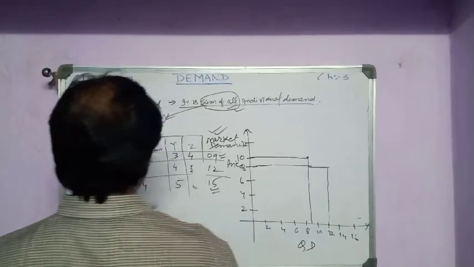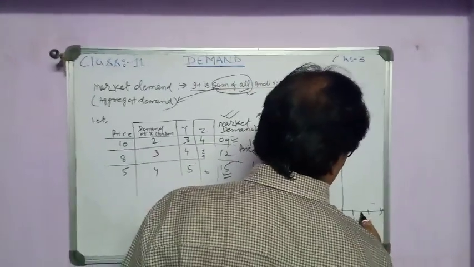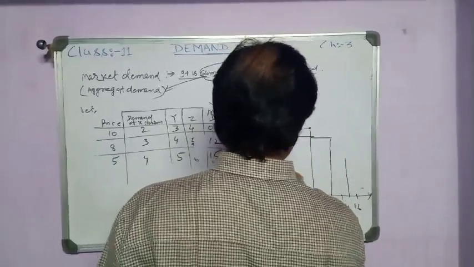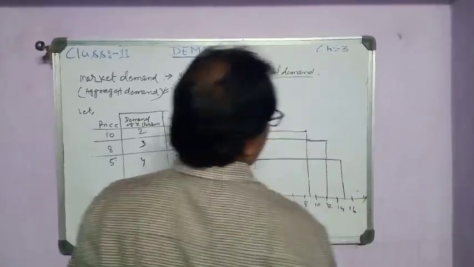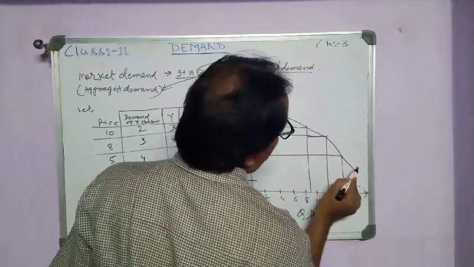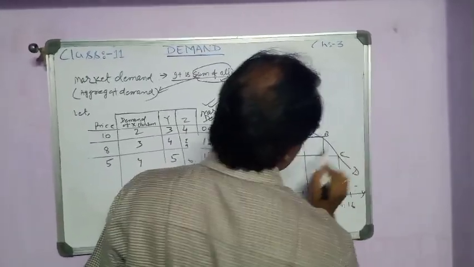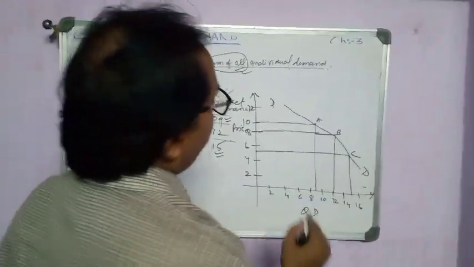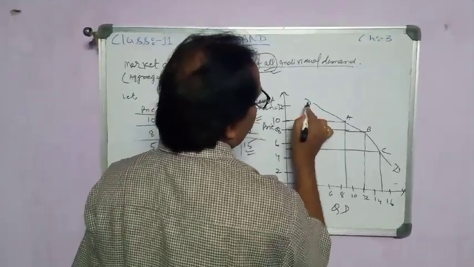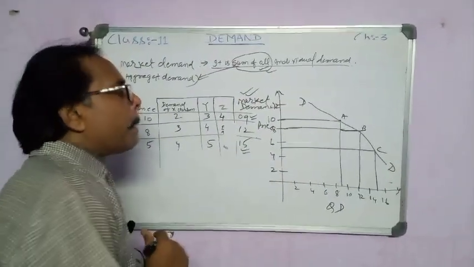And when the price is rupees 5, consumers are ready to buy 15 units. Is it clear? So in this way, we join all the points, suppose A, B, C. So the points A, B, C are joined and we get the DD line.